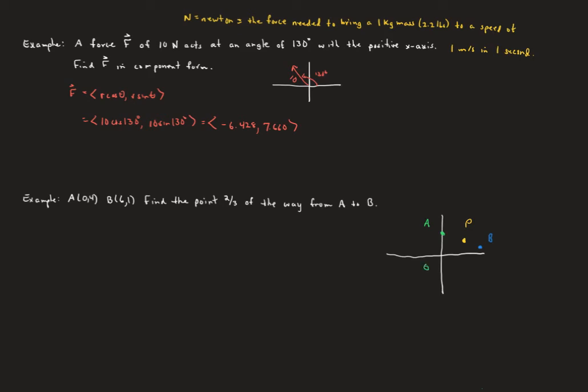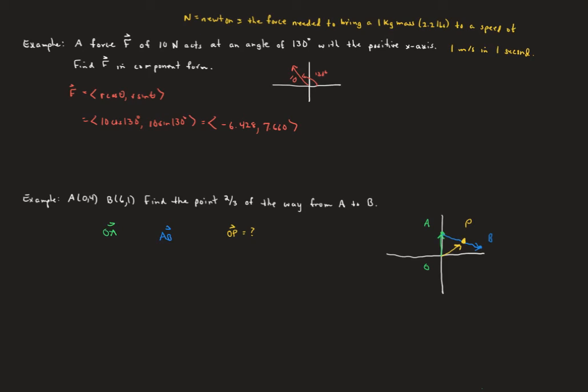So I'm going to, again, call the origin point O. If we think of this as vector OA, and then we can look at this as being vector AB right here. So what we have in going from the origin to this point that we want, as we flow between thinking of points and vectors, could also be thought of as the vector OP. So if we can find the vector OP, then those components will be the coordinates of our point P.